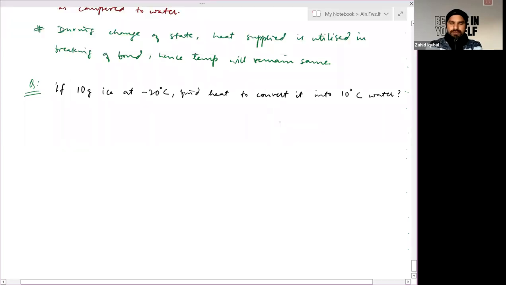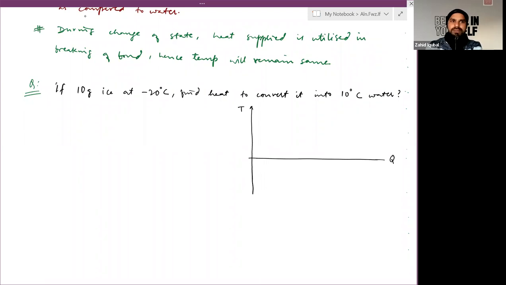Let me show you what the conversion graph related to this part would be. Let's say this is the vertical temperature axis and this is the heat supplied during this process. Since ice is initially at minus 20 degrees Celsius, it will be at this point.